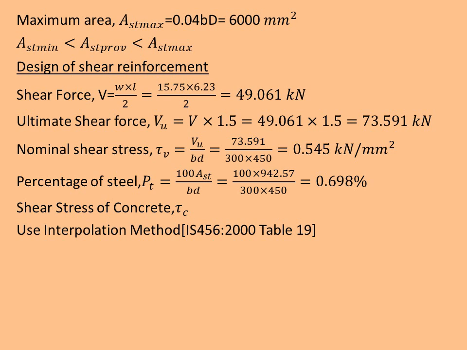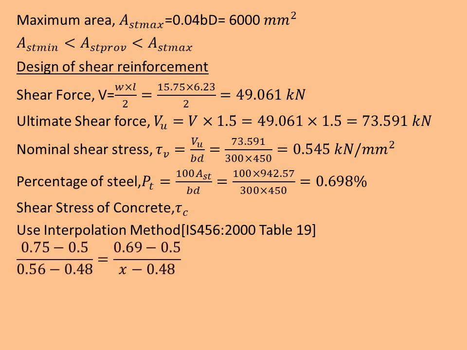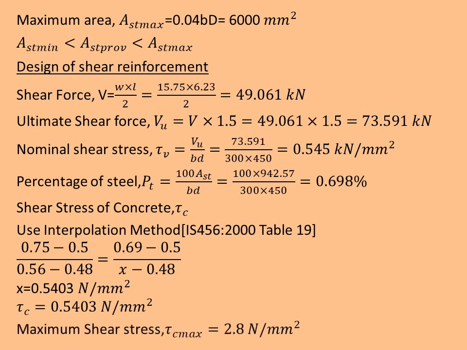So we use the interpolation method and we get x equal to 0.503 Newton per mm square. That is the tau c value, and tau c max, the maximum shear stress that the concrete can handle, is equal to 2.8 Newton per mm square. This one we get from table 20.